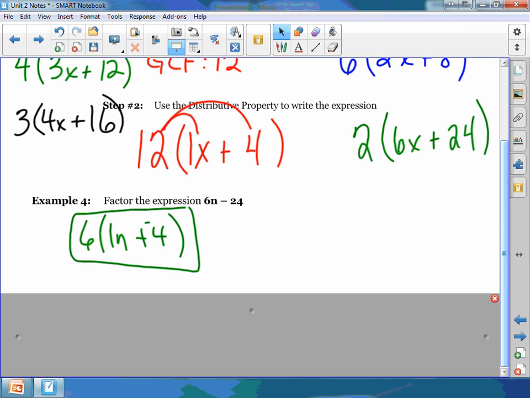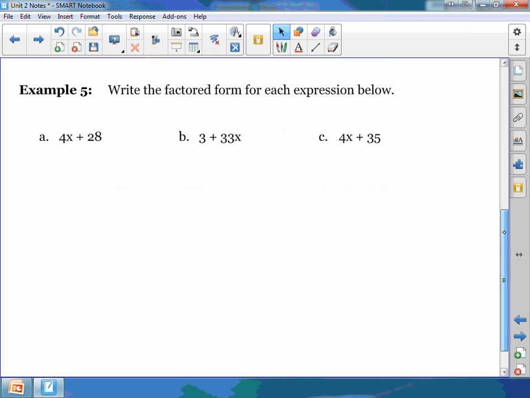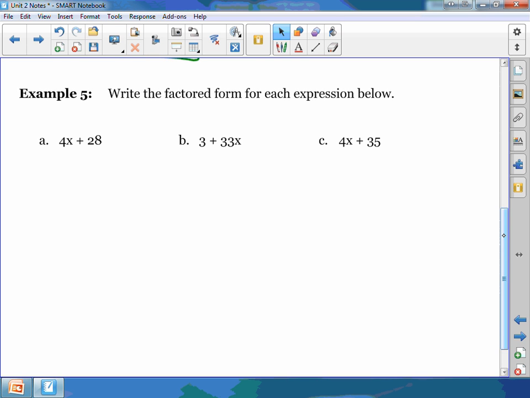All right, so now it's time for you to show off the skills here and factor these ones on your own. All right? 3 of these. Got it. Good.